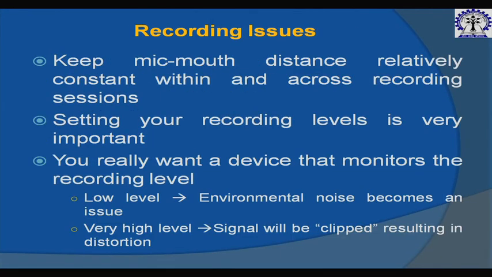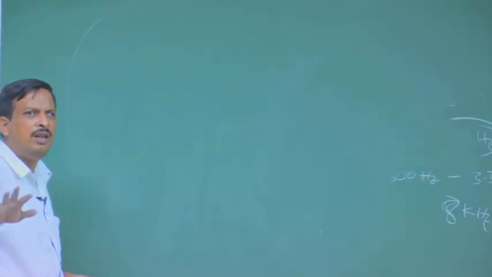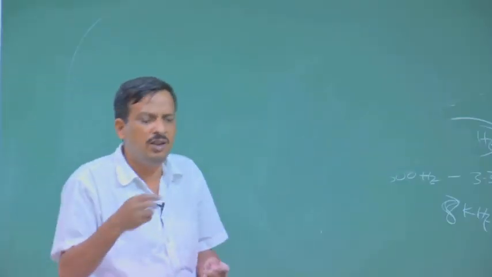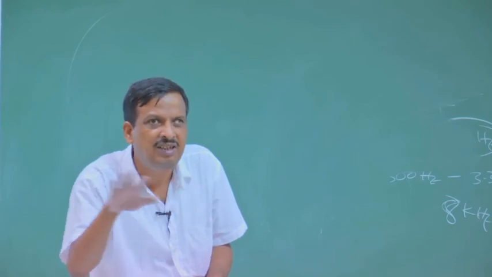Then recording issues. Keep the mic-to-mouth distance relatively constant across a recording session. Setting your recording level is very important. Clipping is one very important issue, which I will show you in software. Clipping is a very important issue during recording, and most people say that when you record, the signal is clipped.